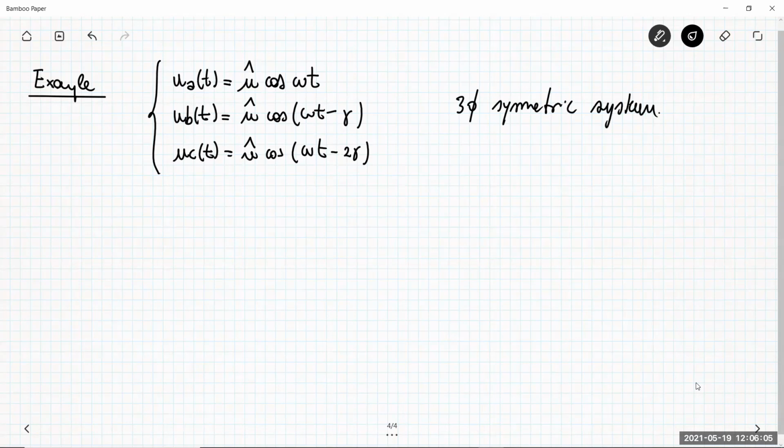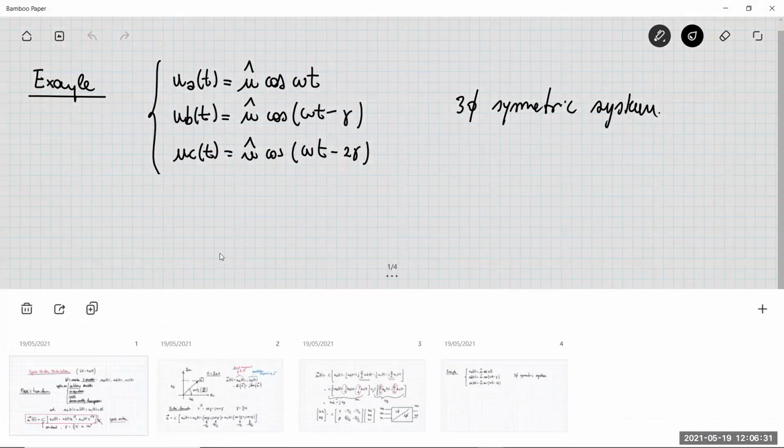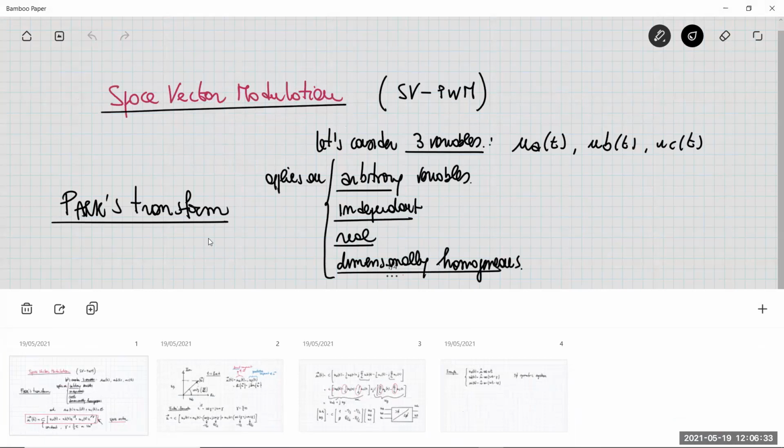I don't know if u is a voltage, a current, or whatever other physical quantity. For now they are just free variables, not well specified. Consider that we have to prove that these free variables have exactly the specific features that we need for the Park transformation application.